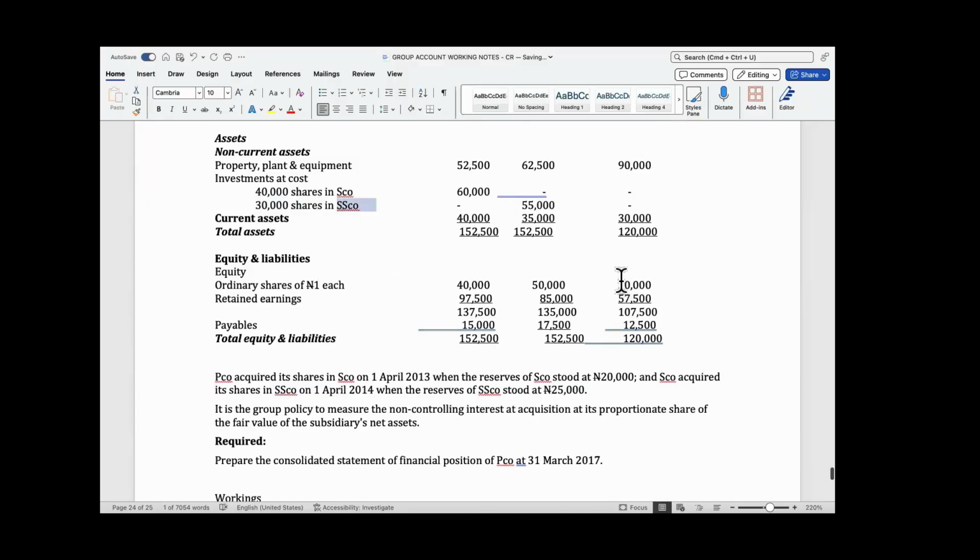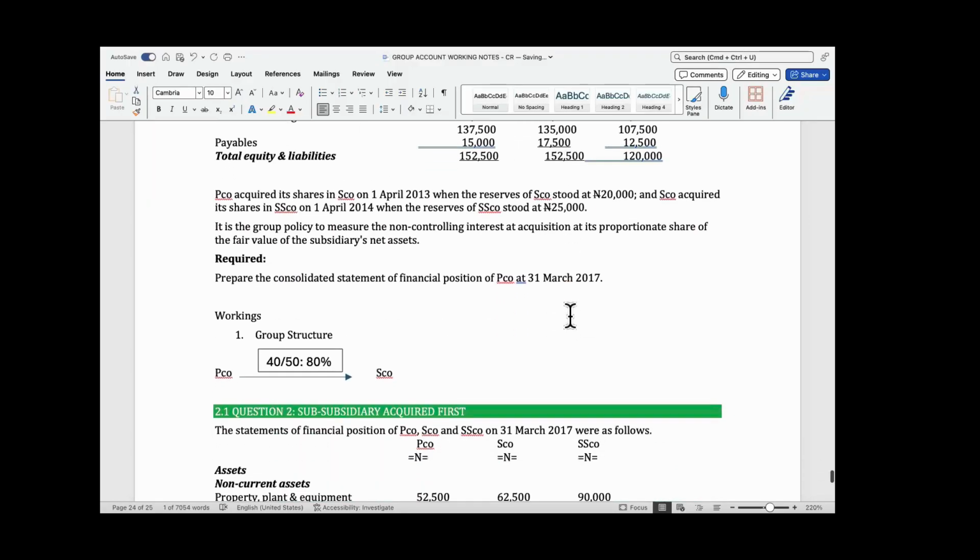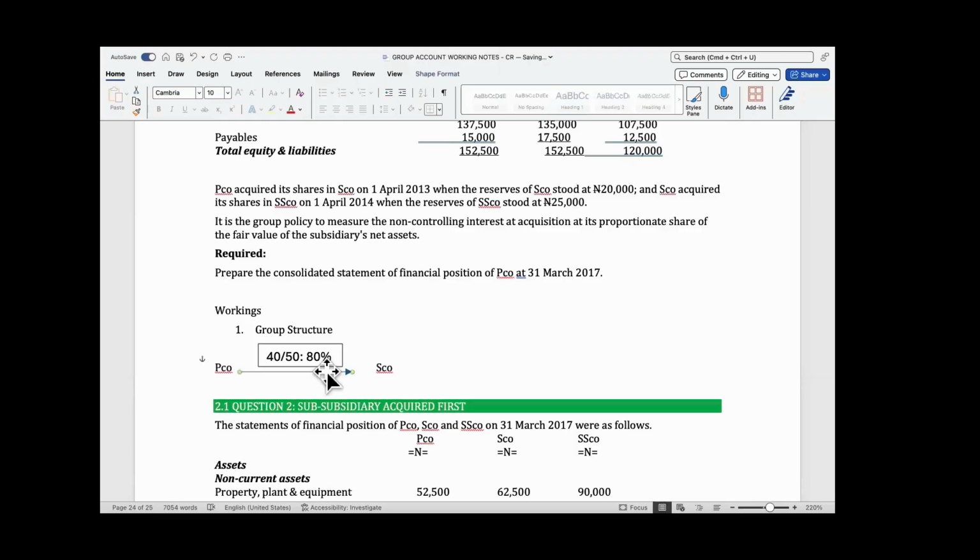And SSCO has 50,000 shares. So again, ESCO in SSCO was his holding. That will be 30.